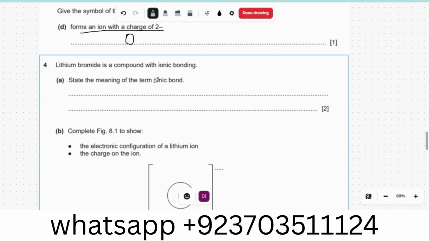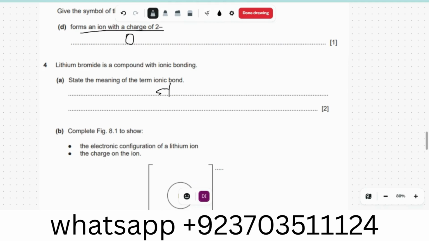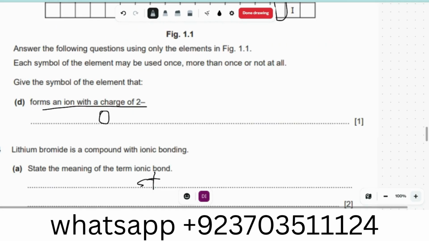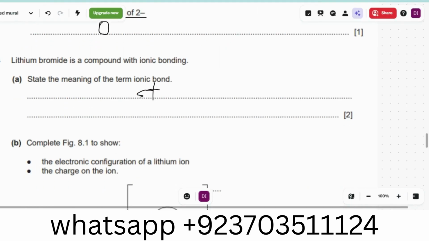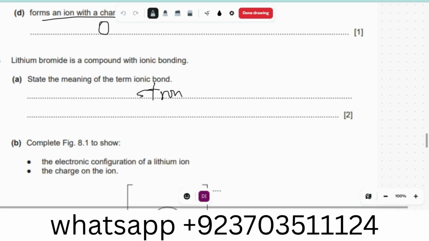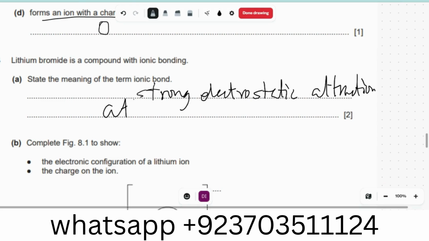Ionic bonding is simply strong electrostatic forces of attraction between oppositely charged ions. The first mark is for strong electrostatic attraction, and the second mark is for attraction between positive and negative ions.